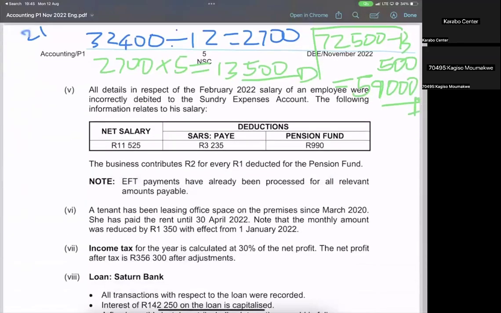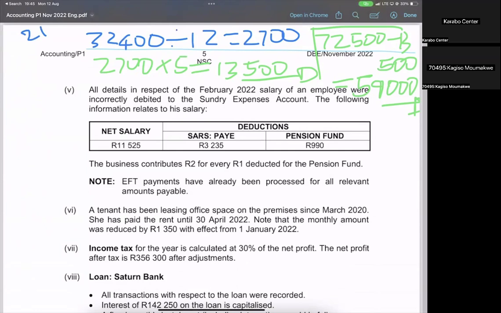So the next transaction is salaries and wages. It says all details in respect of the February 2022 salary of an employee were incorrectly debited to the sundry expenses account. The following information relates to his salary.